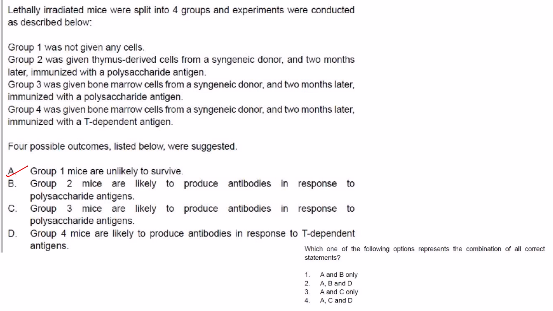Now group 2 they are not given B cells, they are given only T cells. So antibodies will not be produced by group 2 mice. So what they have told in B, group 2 mice are likely to produce antibodies in response to polysaccharide antigen is wrong. They will not produce antibodies. That makes option 1 gone, 2 gone. Okay, 3 and 4 we have to see.